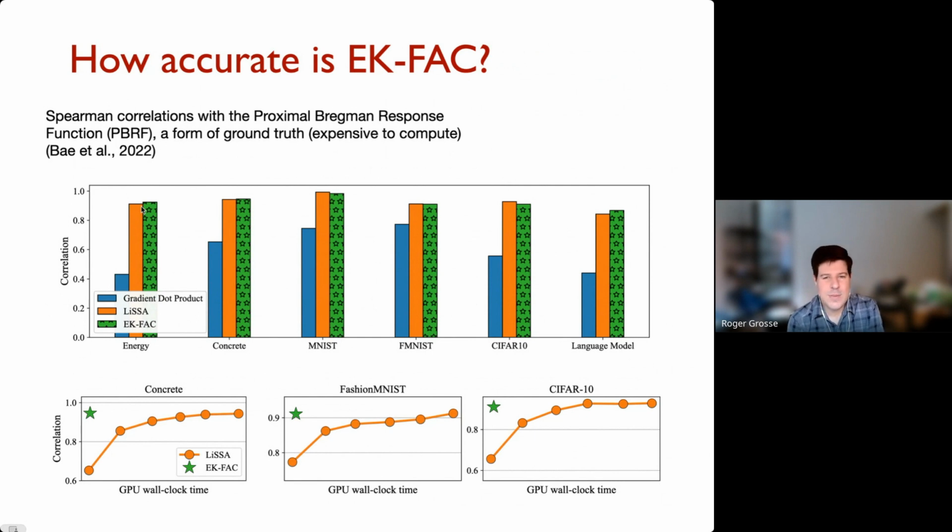And both of these are much better than naive things that you could do, like just measuring the dot product between gradients and things like that. So even though we get similar quality results, we can get them much, much faster. So we have orders of magnitude improvement in wall clock time, even if you account for the cost of computing the statistics to approximate the Hessian.